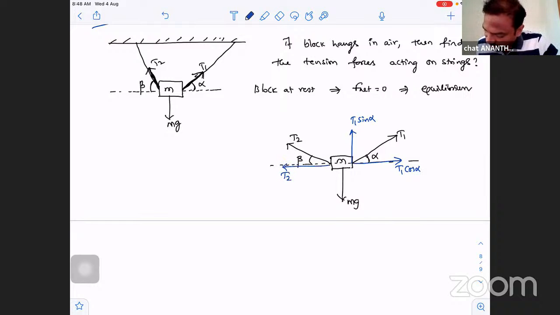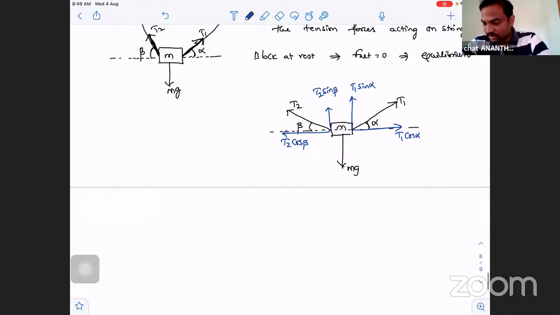Similarly, T2 also I split into 2 components, T2 cos beta and T2 sin beta. So making all the forces into components, along the horizontal and along the vertical. Now see, the object is not moving, so all forces should cancel out. Am I right?